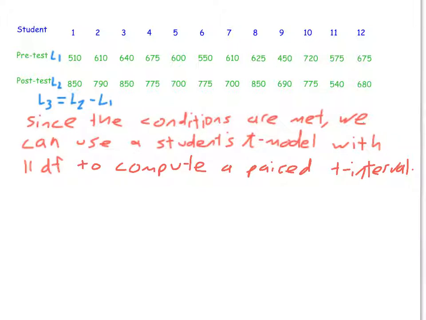So I go to Stat, Tests, and it should be number 8. We have data, and my data is in L3. My frequency, I don't have a frequency list, so I'm going to leave that as 1. We want a 90% confidence interval, so C level is 0.9. And then we're going to calculate.